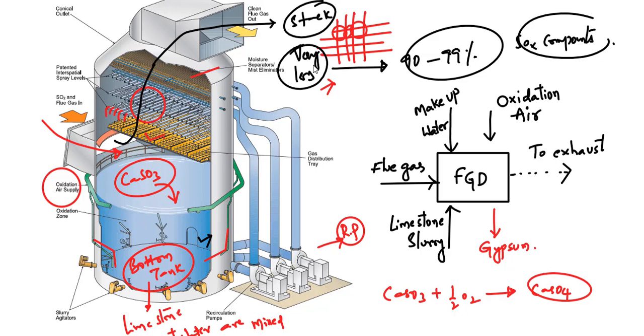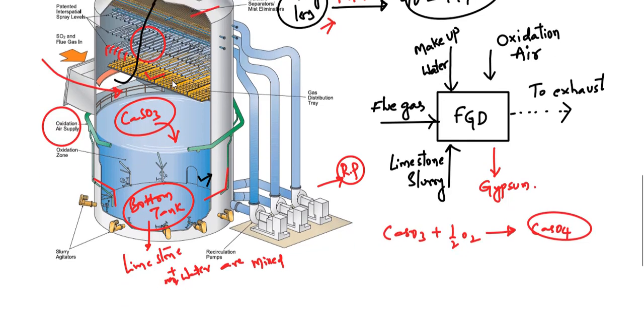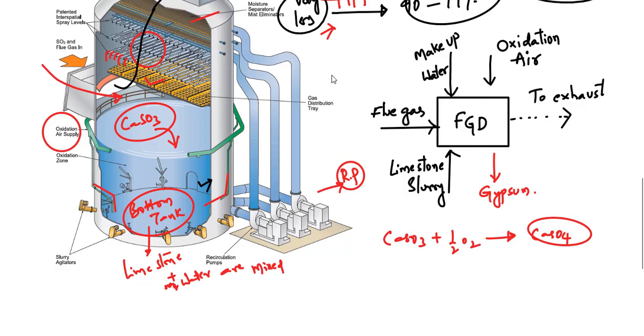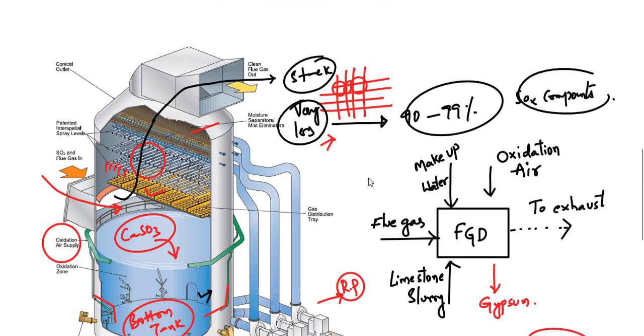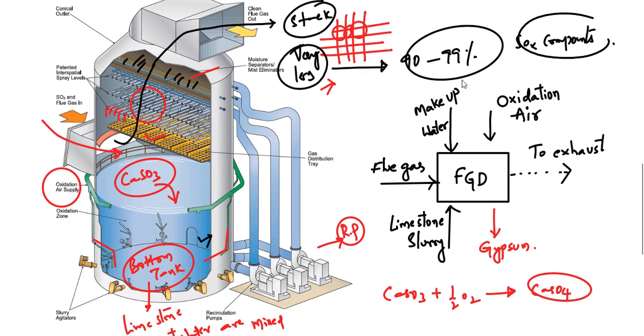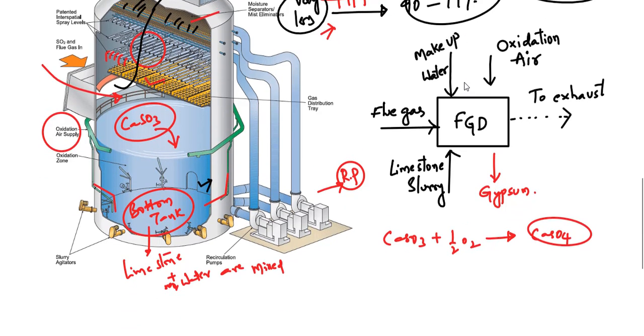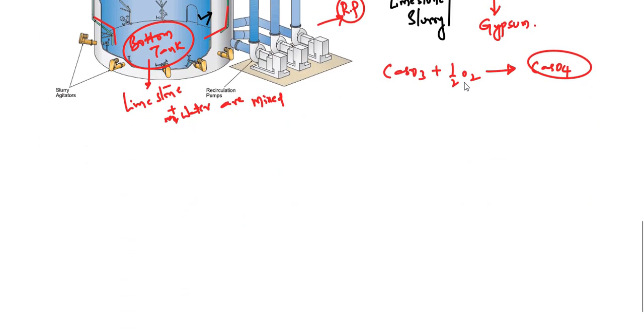One more thing here is that a mist eliminator is provided. The brown colored part is the mist eliminator. The function of the mist eliminator is, when the flue gas tries to move out in this direction, it will react with spray. As a result, the flue gas contains some water molecules. The shape of the mist eliminator will be in zigzag shape like this.